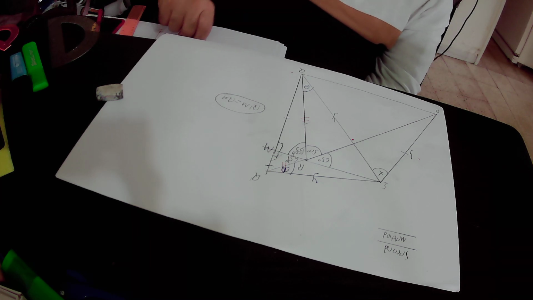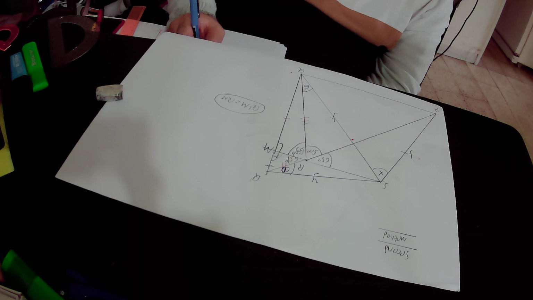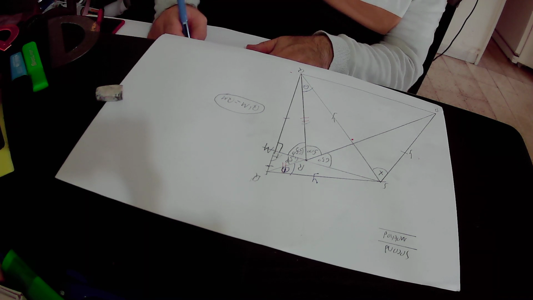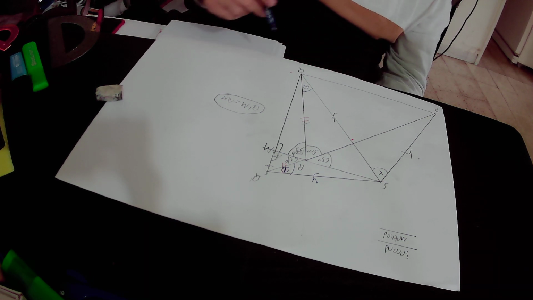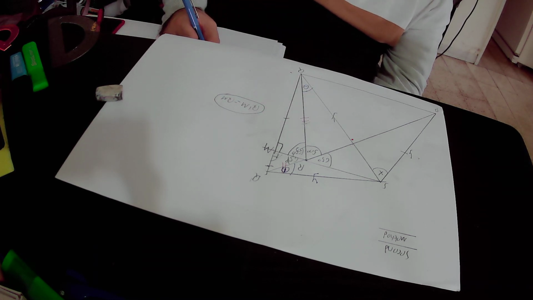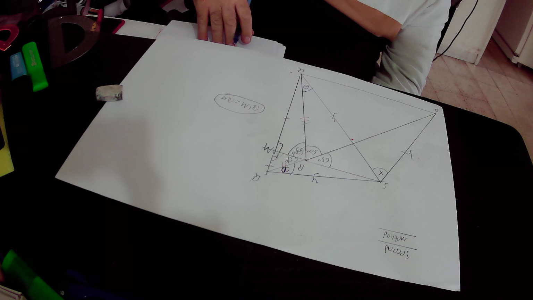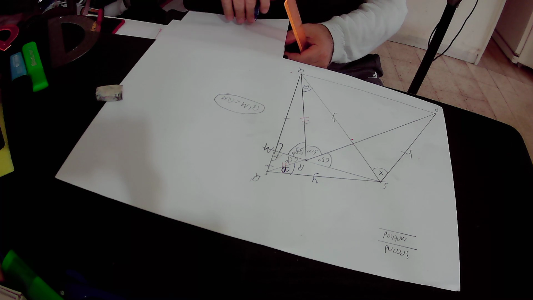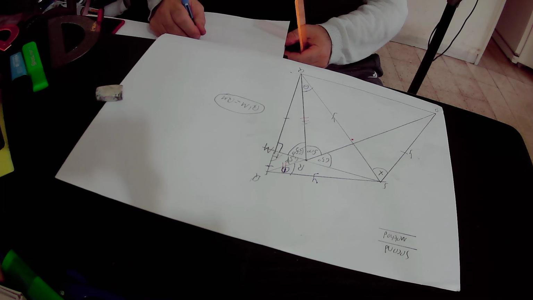And if we focus at point R, the sum of the angles at point R is 50 degrees plus 65 degrees plus 65 degrees. 65 degrees plus 65 degrees is 130 degrees, and 130 degrees plus 50 degrees is 180 degrees.